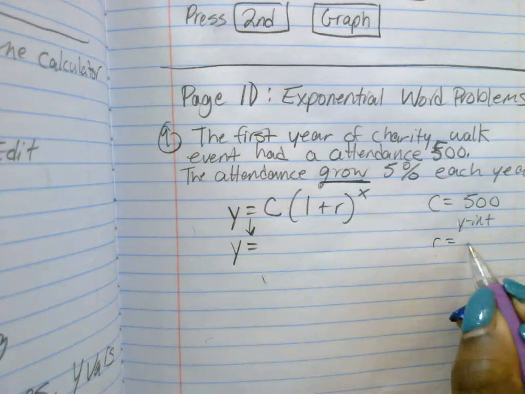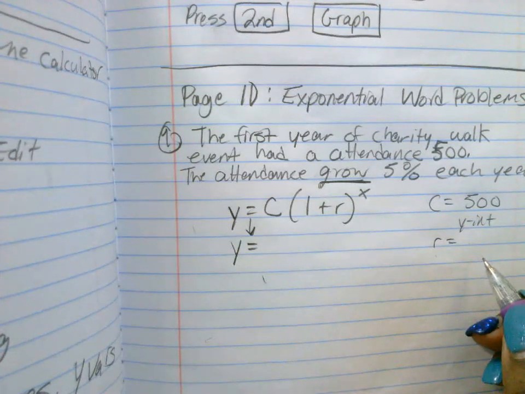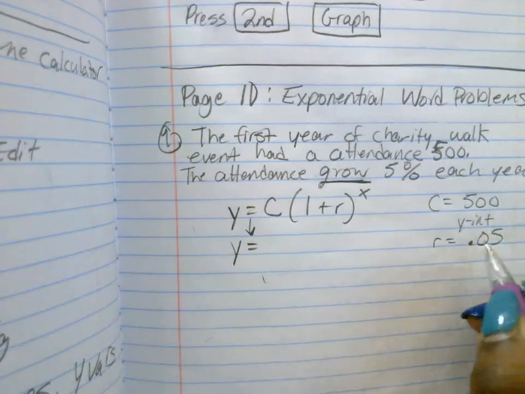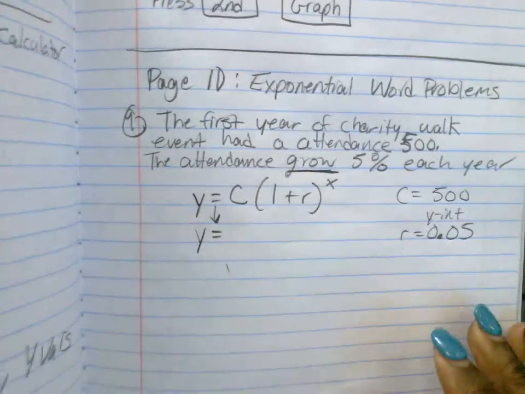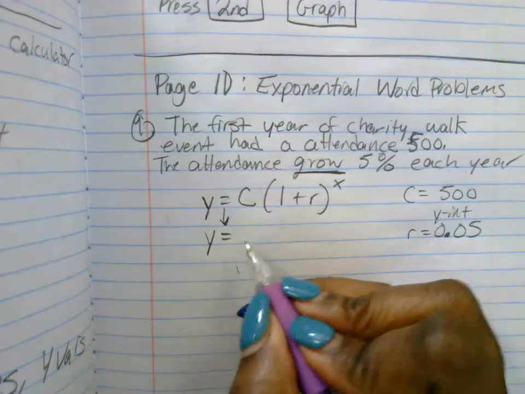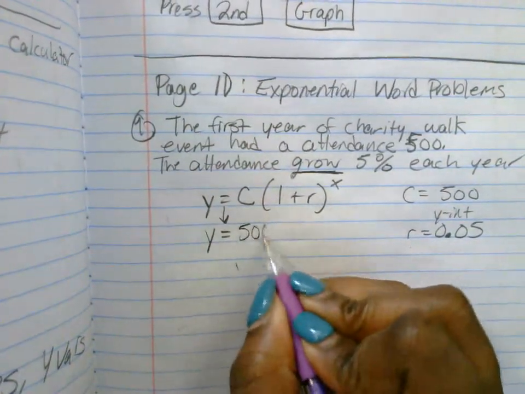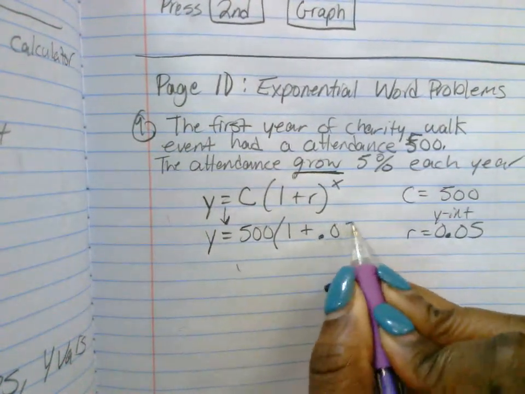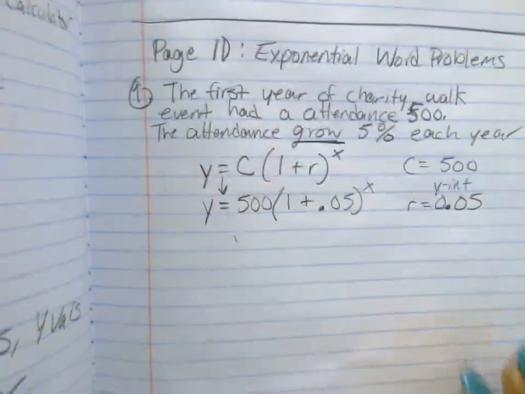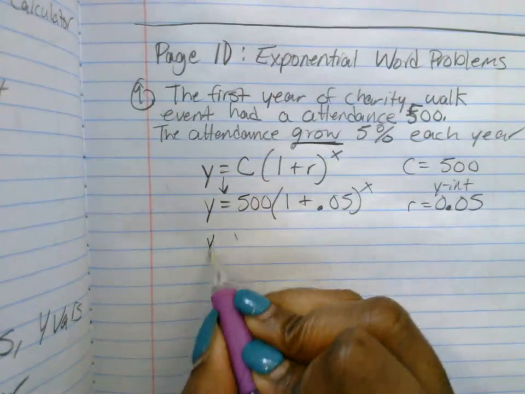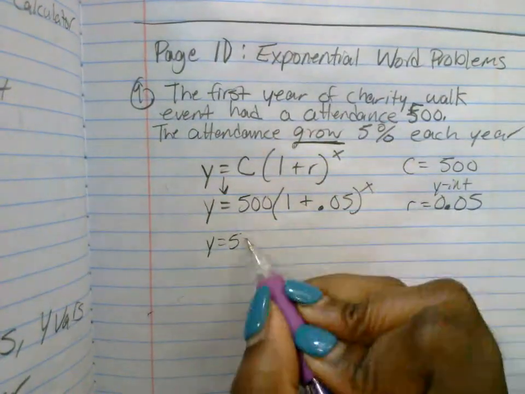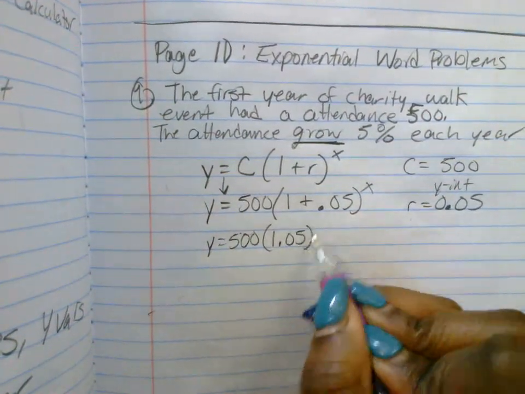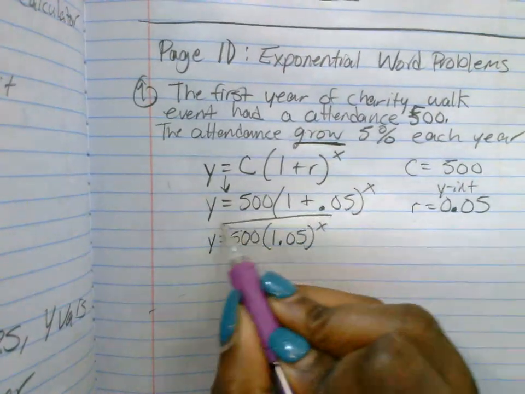How do you write 5% as a decimal? 0.05. So we have 500 times (1 plus 0.05) to the X power. So the equation is going to be Y equals 500 times 1.05 to the X power. This is the equation.